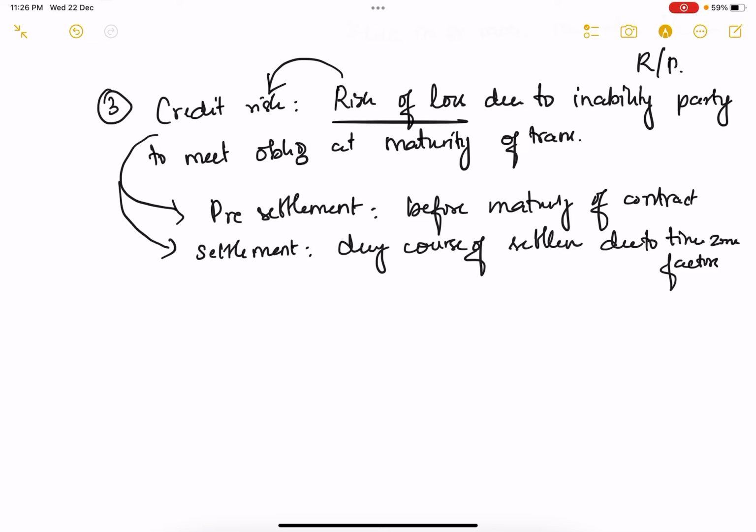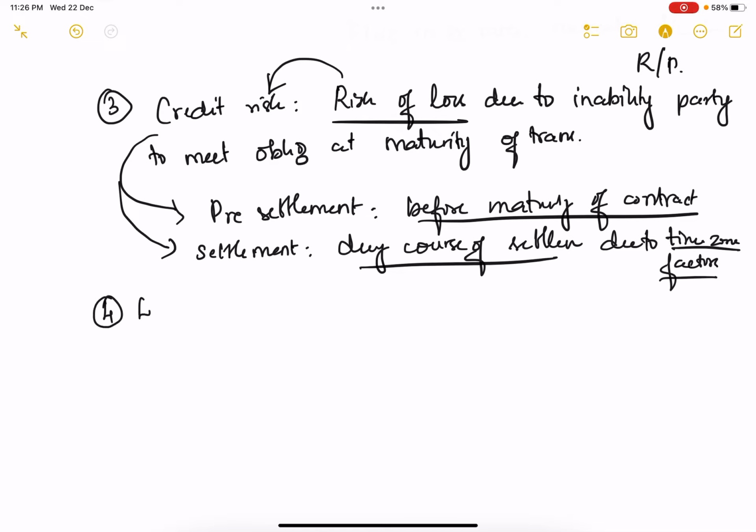So pre-settlement risk is when the counterparty is not able to meet the obligations before the maturity of contract, whereas settlement risk is when the party may not be able to meet the contract obligation during the course of settlement. This mainly is due to the time zone factors between the different countries.